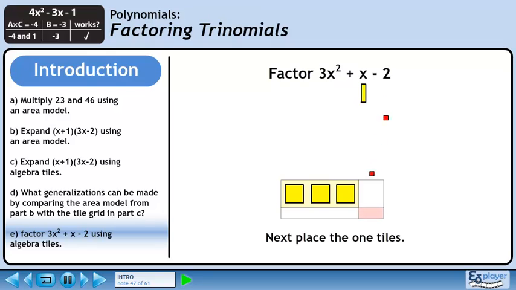Put 2 small red squares in the lower right quadrant to represent minus 2. Now place the known x tiles. The middle term is 1x, so place one yellow rectangle in the lower left quadrant.